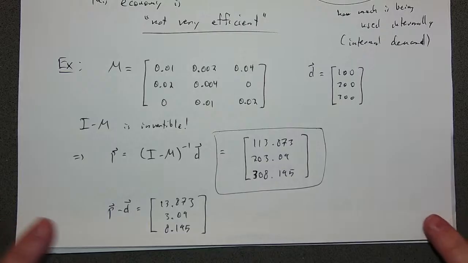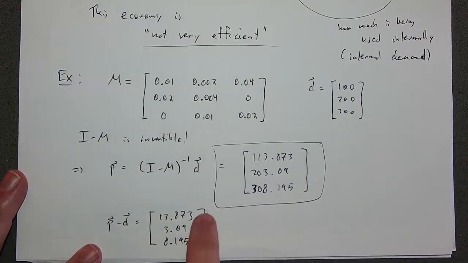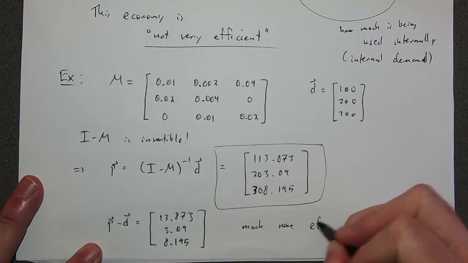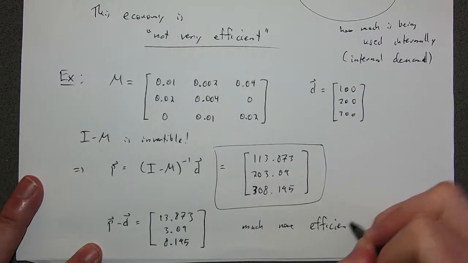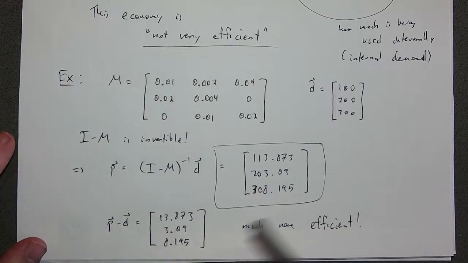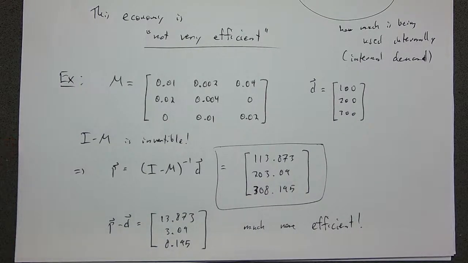Well, this means that the internal demand is very small relative to the external demand. So this is a much more efficient economy, much more efficient compared to the last example. Okay, so most of the production is going directly to the external demand. So that is good.